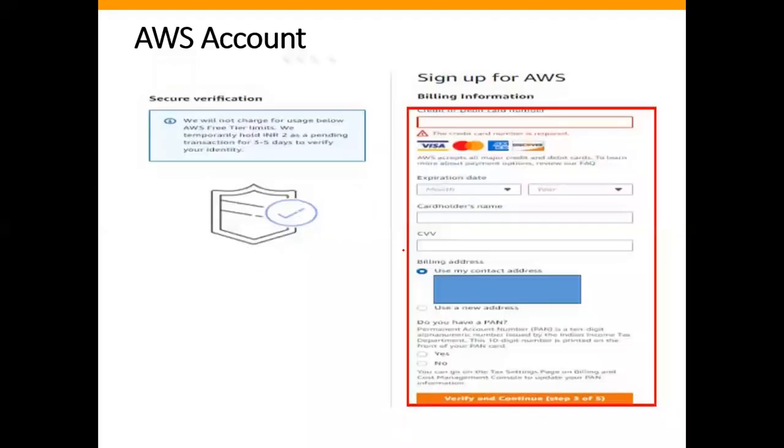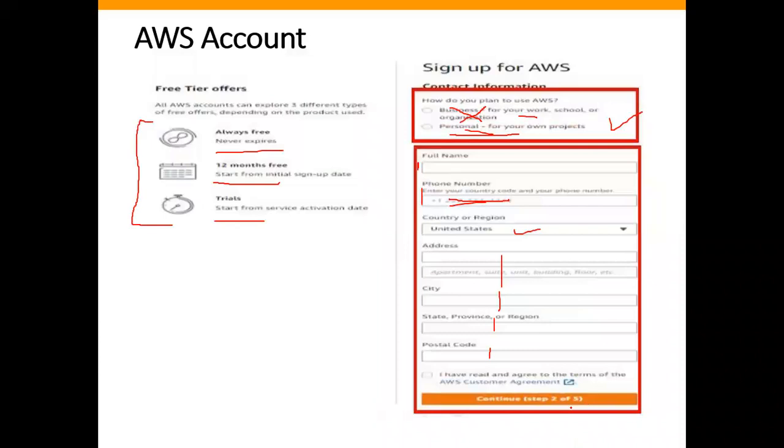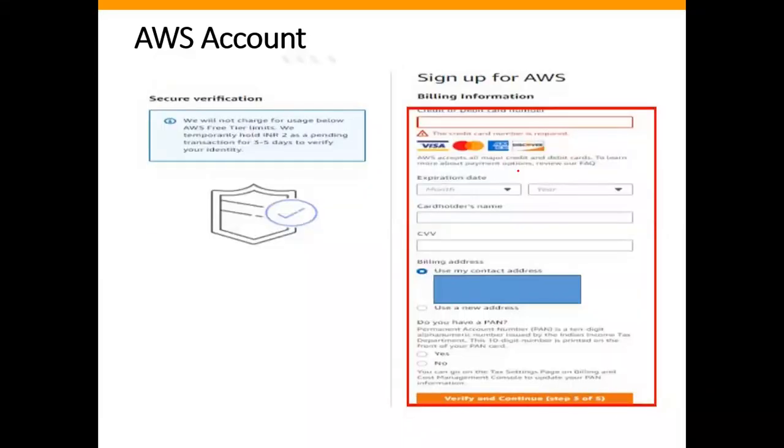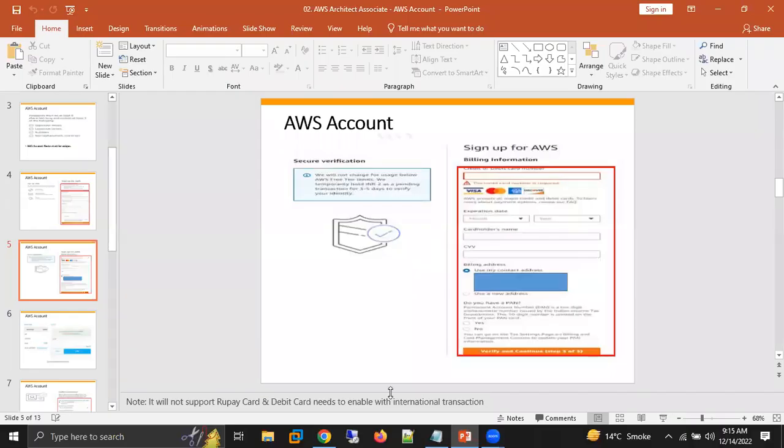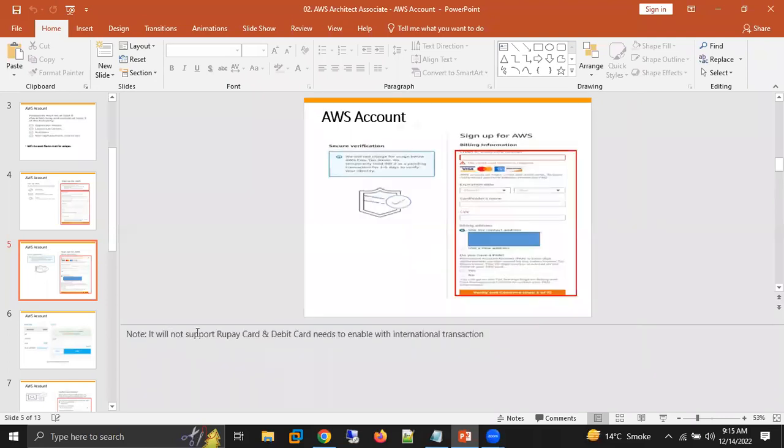Next, after that, you need to click on continue. When you click on continue, it is asking for your card details. So you need to use your debit card or credit card. Now, one important point if you need to use the card: in India, a lot of people have RuPay cards also.